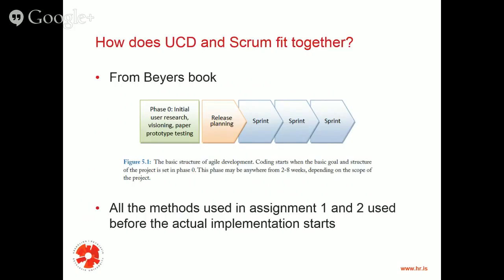And when you have the problem sorted out and some ideas about the solutions, then you would do the sprint planning and do the sprints. So all the methods used in assignments 1 and 2 are actually used before the actual implementation starts.